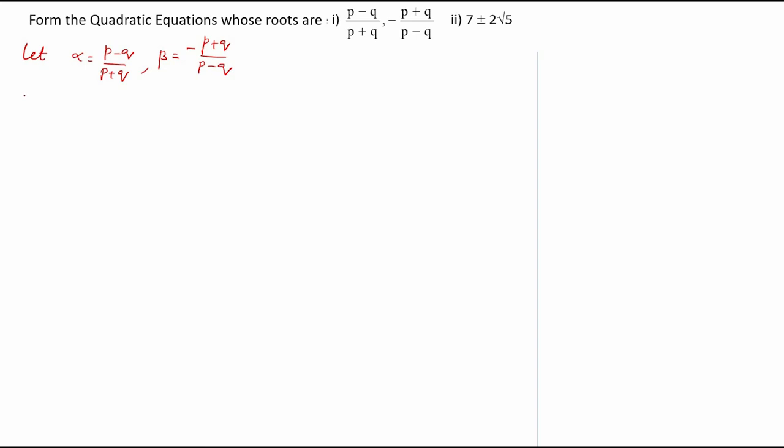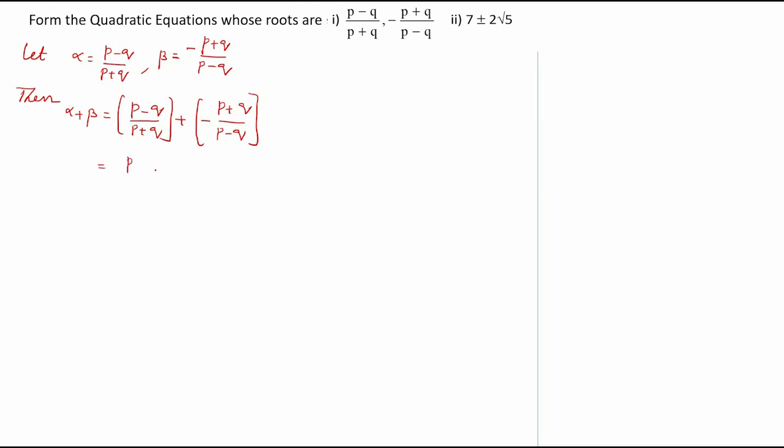Okay. So first we will find the sum of the roots. We know alpha and beta. So we can write the sum of the roots, alpha plus beta, as p minus q by p plus q, plus the other root, minus of p plus q by p minus q.